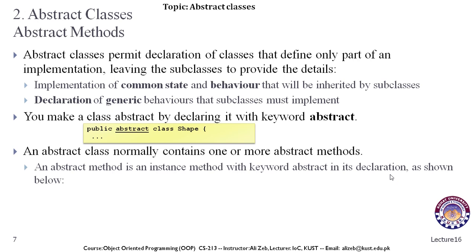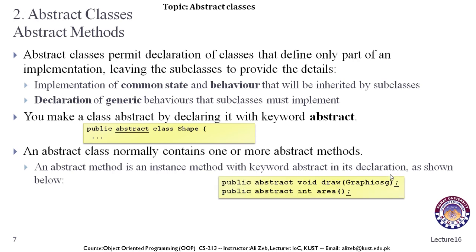An abstract method is an instance method with the keyword abstract in its declaration, as shown below. So we simply need to add the abstract word in the declaration of the method to turn that method into an abstract method, and we do not need to implement this method.